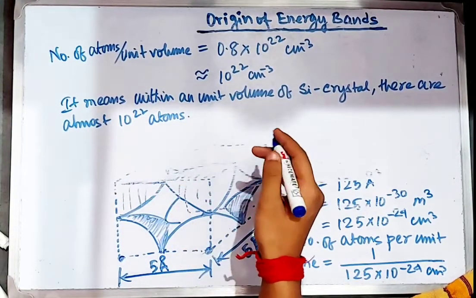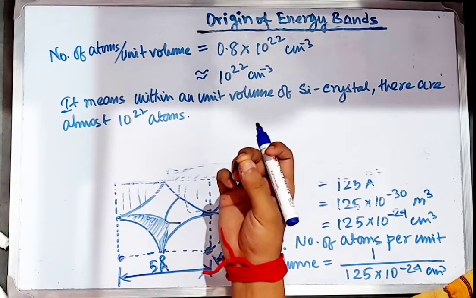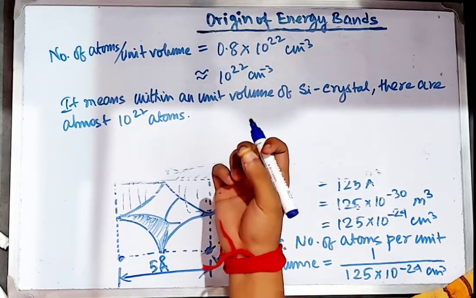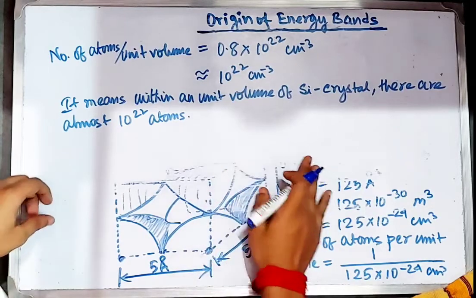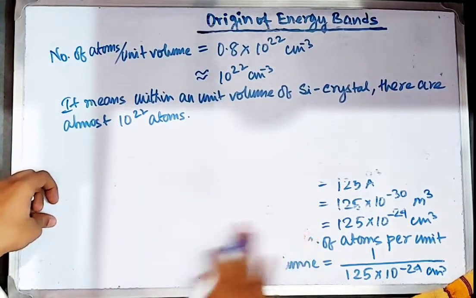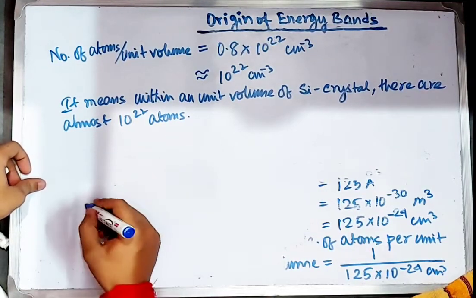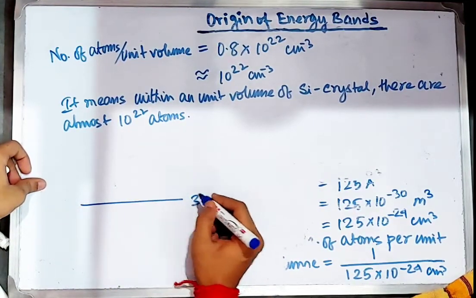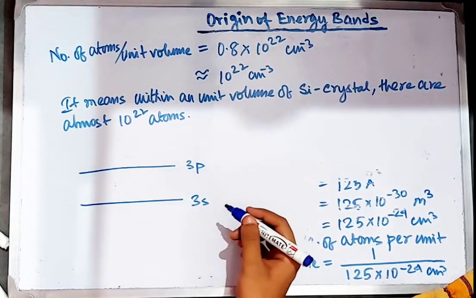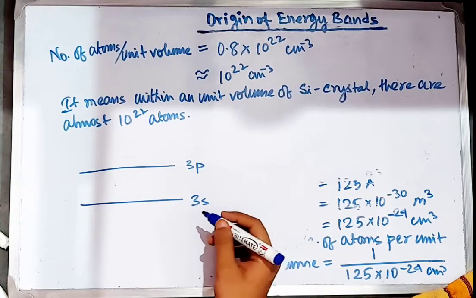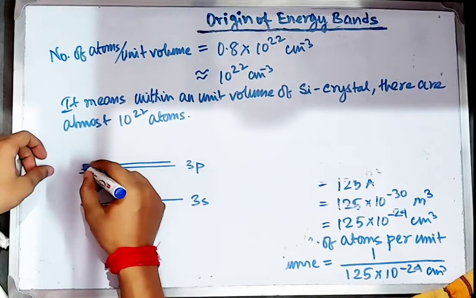So you can imagine, within a unit volume of silicon crystal there are an enormous number of atoms present. So that means, of course, the 3s and 3p shells, subshells, will split into an enormous number of energy states.